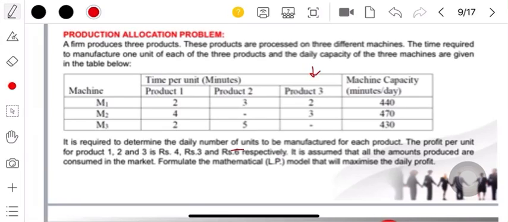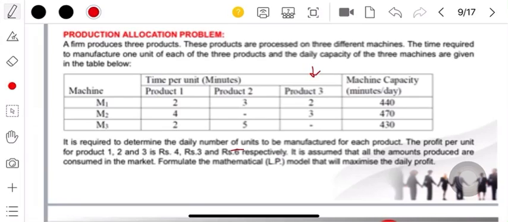But if we produce product 3, then what is the problem? It is consuming a lot of time on machine 1 and machine 2, right? So the availability of machine will be affected, and a few of the machines will be idle. Are you getting my point?